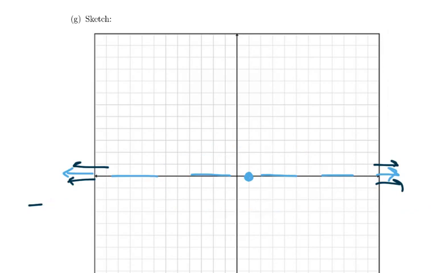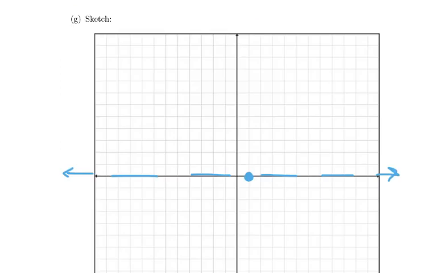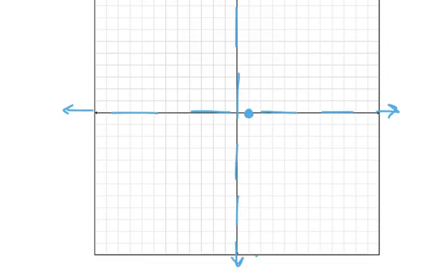Vertical asymptotes are another story. You can never cross a vertical asymptote because the function would be undefined. We've got vertical asymptotes at x equals 0, right? That's why we couldn't have a y-intercept, because we can't cross an asymptote that's vertical. And then at x equals 4 as well.